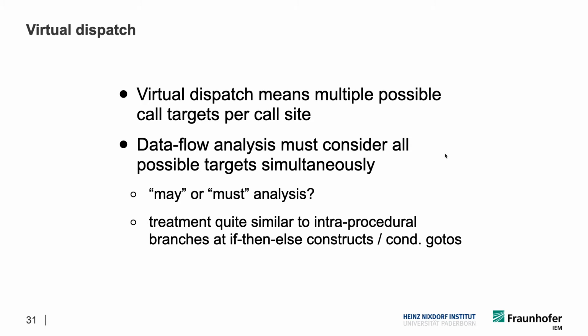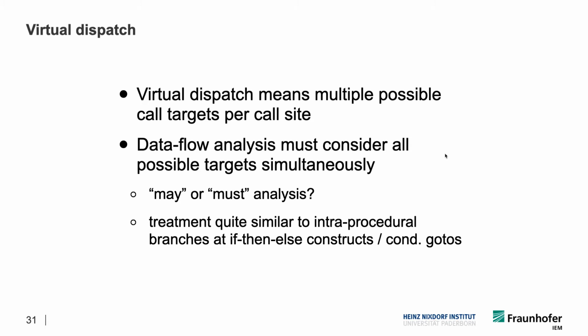So now all of a sudden you have an all quantification, and that can make the analysis more complicated, right? Because now you actually have to reason about all the calls at the same time.